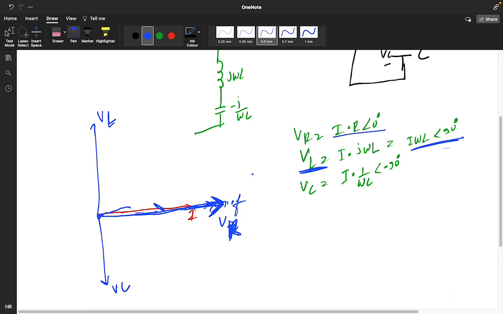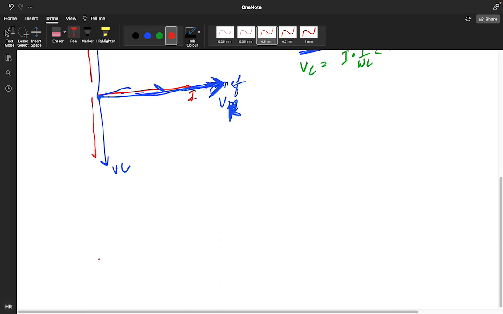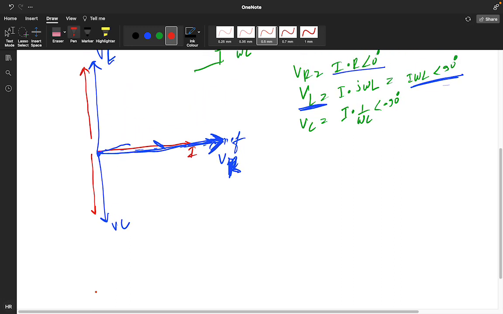Now see this phasor: one phasor is going this way and one phasor is going that way. What is the meaning of this? If your VL is greater than VC, the net phasor will be VL minus VC.